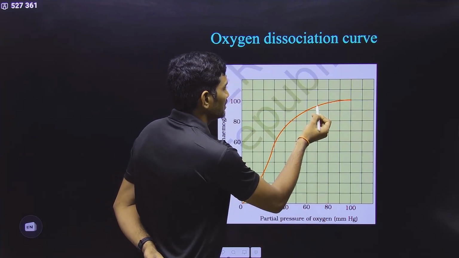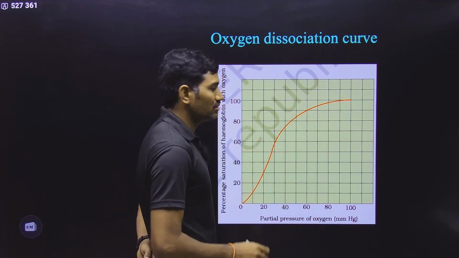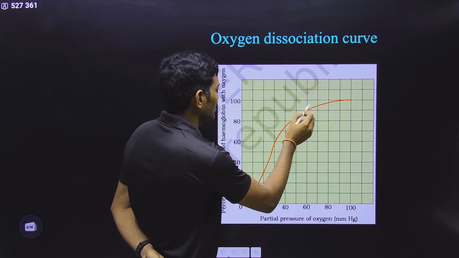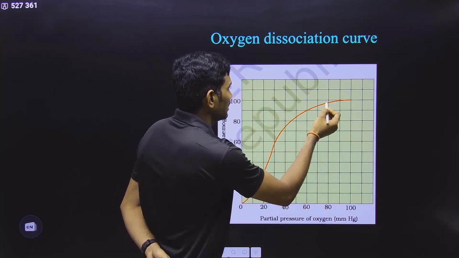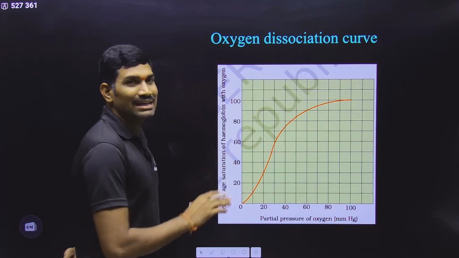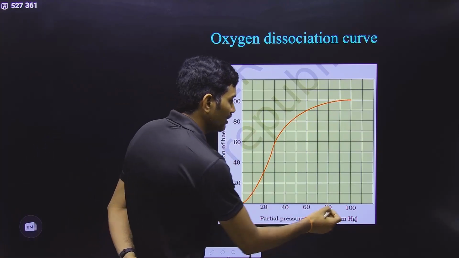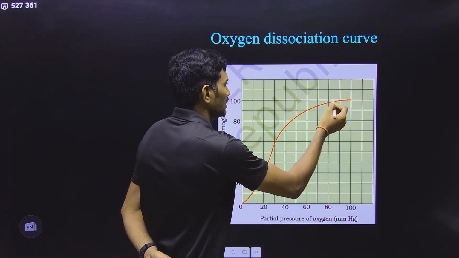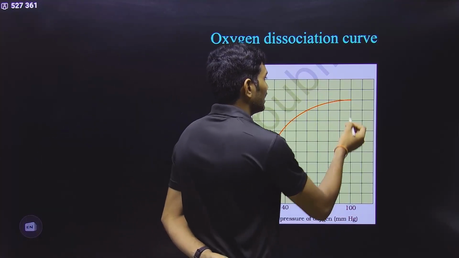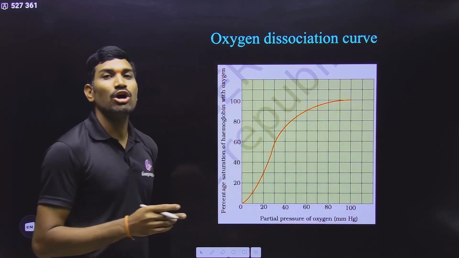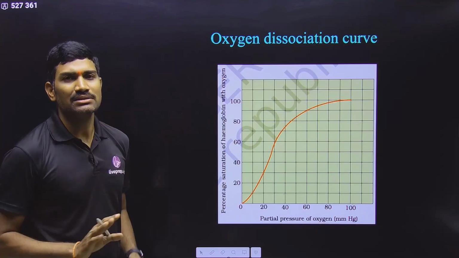At 70 mmHg, this is 90 and it is around 94. When it is 80 mmHg, you are getting around 96, 97. When it is 90 mmHg, around 98, 99%. When it is 100 mmHg, you are getting almost 99 to 100% saturation.